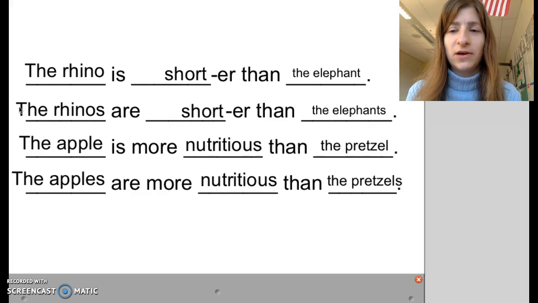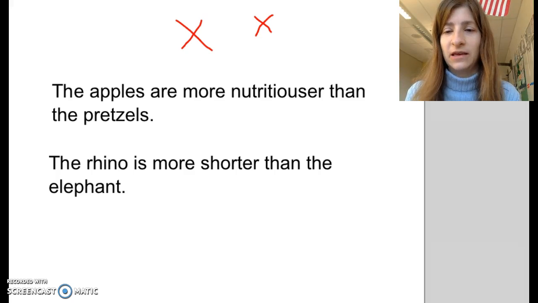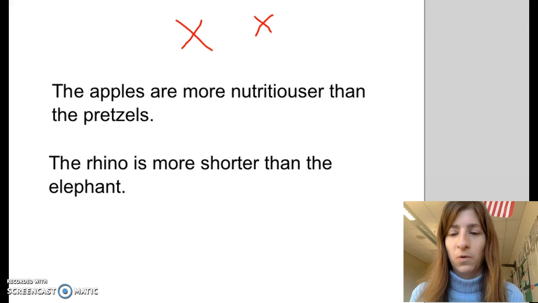Let me just show you a couple common mistakes that people make when they are using comparing words. Sometimes people use more and ER in the same sentence. So let me show you an example of that.